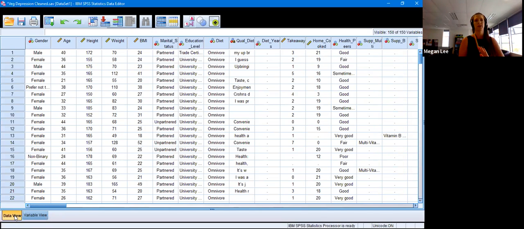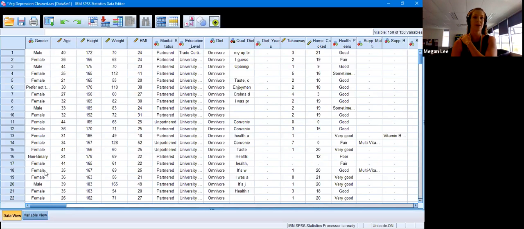If they're not significant, then there's no relationship between them and depression, and they cannot be included in any further data analysis. This is an important stage. Otherwise, if you add too many variables or too many parameters to your model, then you will get incorrect or skewed results. So this is our second most important stage. So let's go ahead and do that.